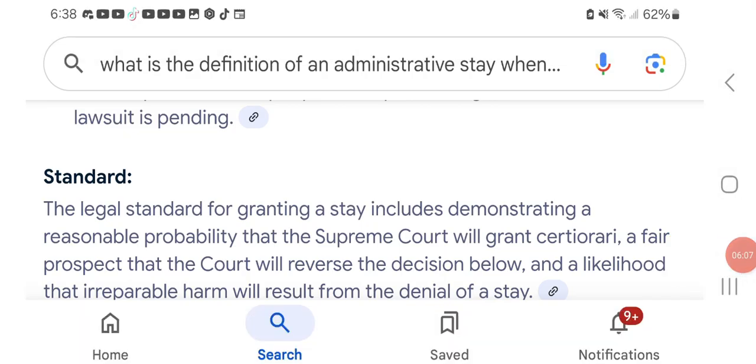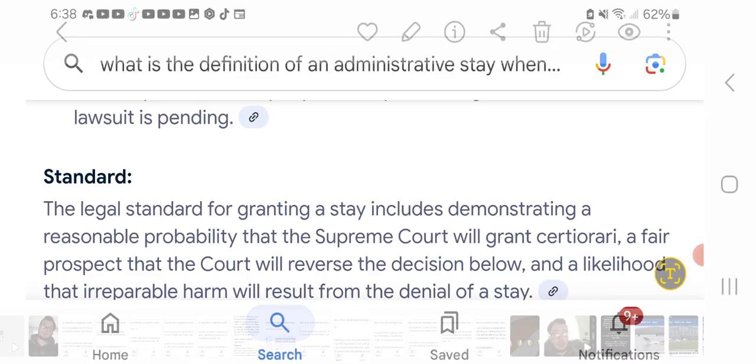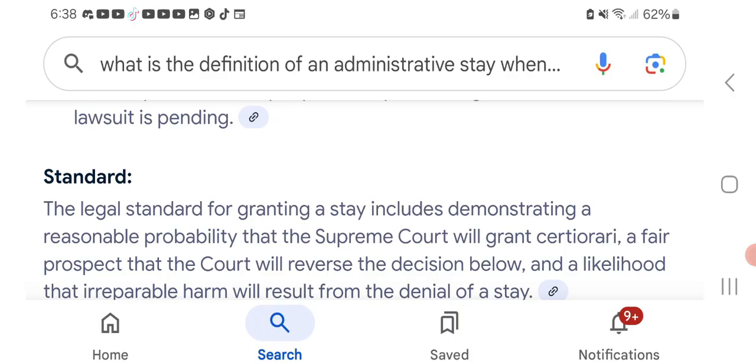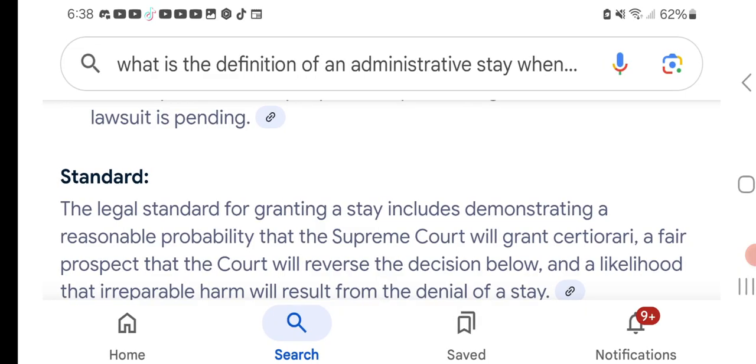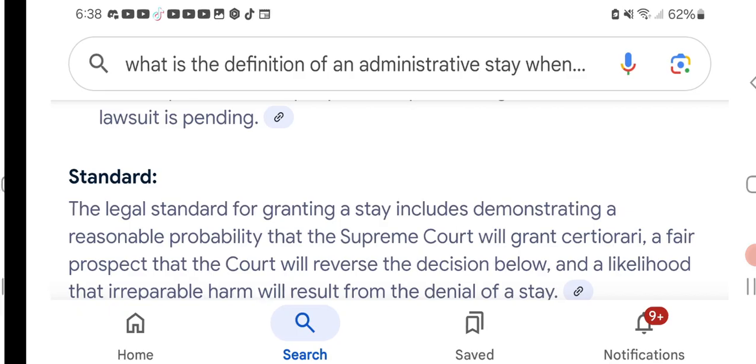The legal standard for granting a stay includes demonstrating a reasonable probability that the Supreme Court will grant certiorari, a fair prospect that the court will reverse the decision below, and a likelihood that irreparable harm will result from the denial of a stay.